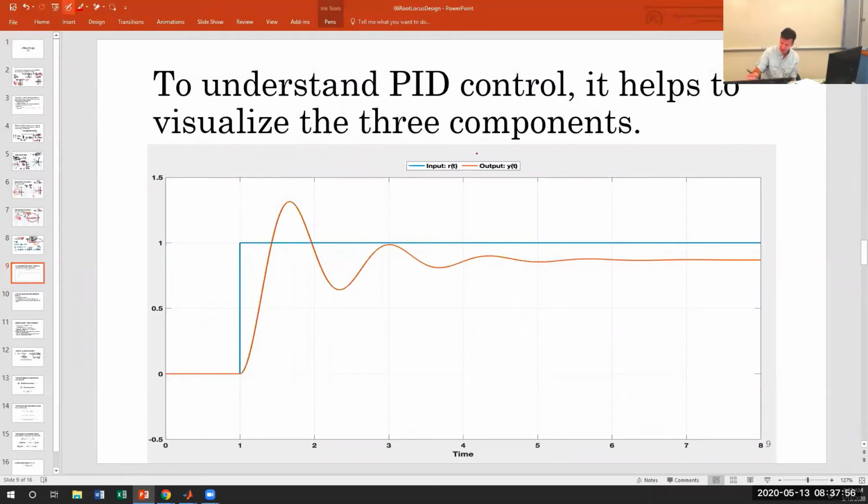I'm going to do the error in red. But I'm actually going to wait for you to do it first, because I think it's important for you to recall how we define the error signal and what it looks like in the time domain. So I'm going to give you a minute, and I'd like you to take your best guess at what the error signal looks like.